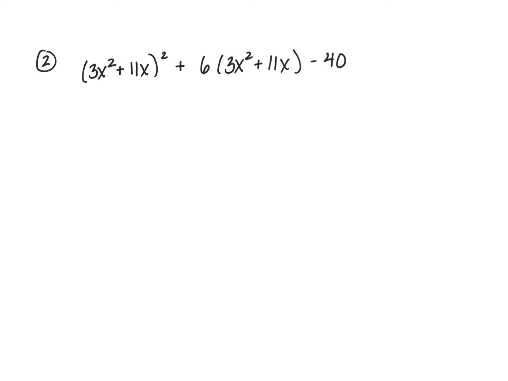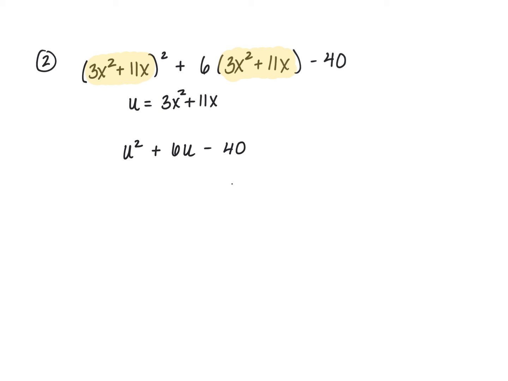Our first step is to let u equal the stuff that's inside the parentheses. So u is equal to 3x squared plus 11x. Second step, write the expression with u's. So u squared plus 6u minus 40.